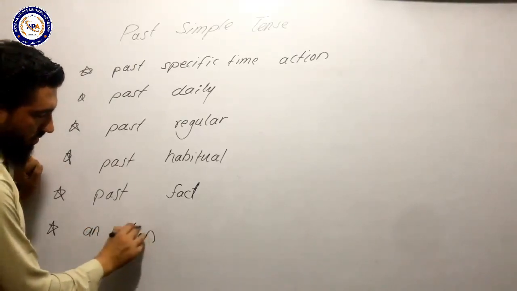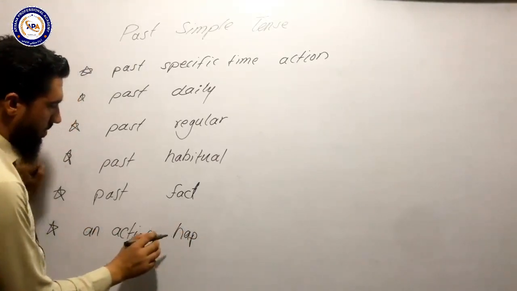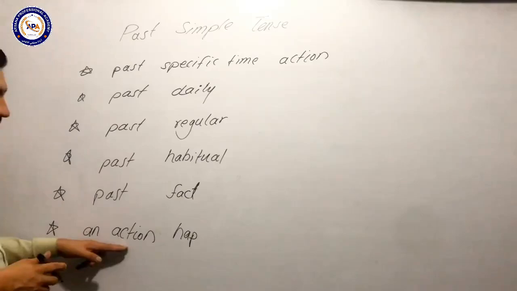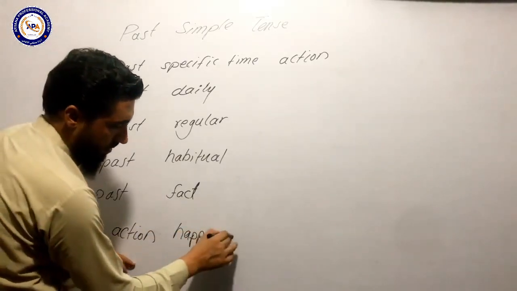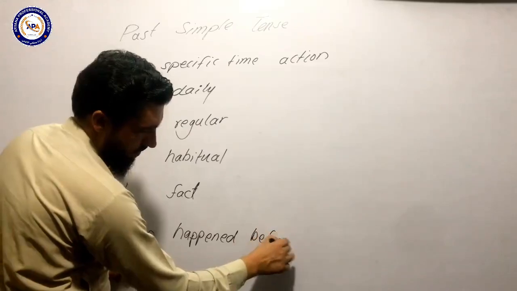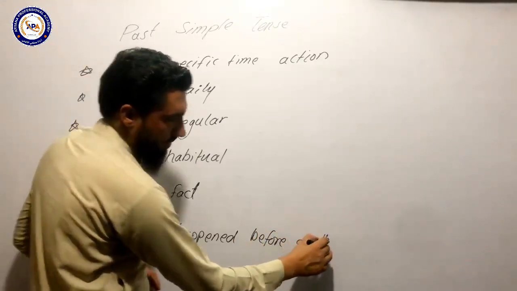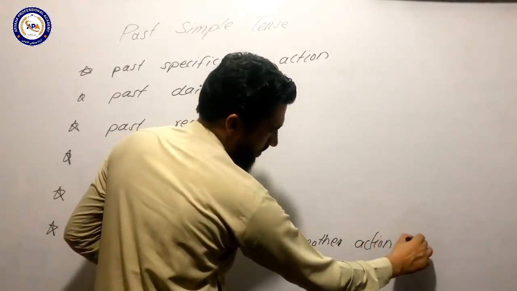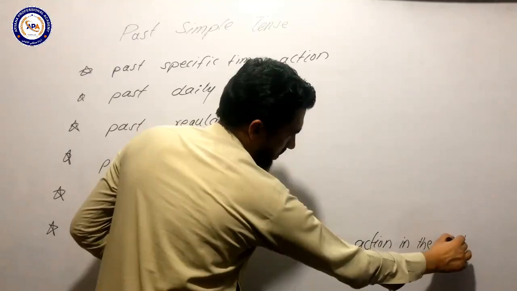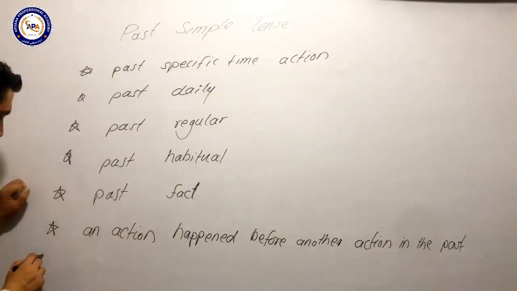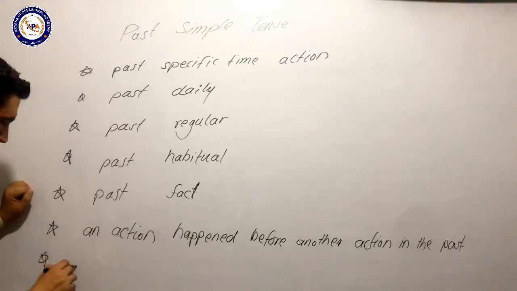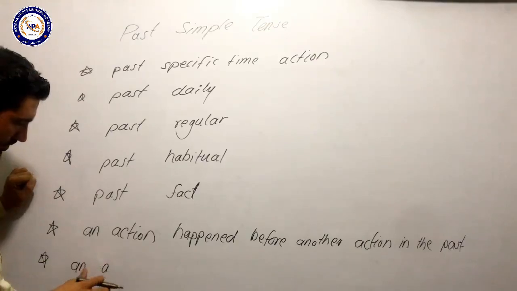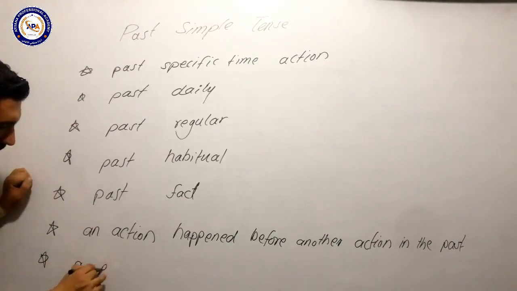An action happened before another action in the past. The same as simple present tense, but here we use the word was instead. A past habit.